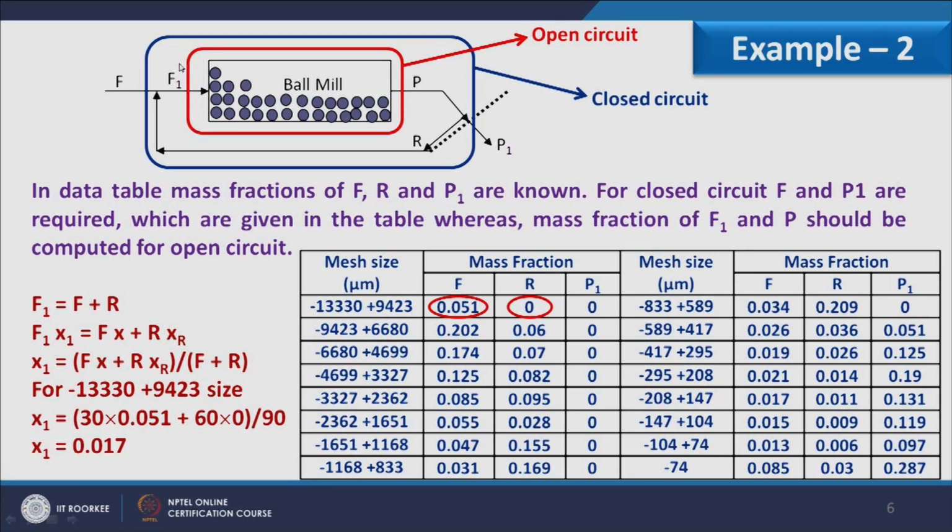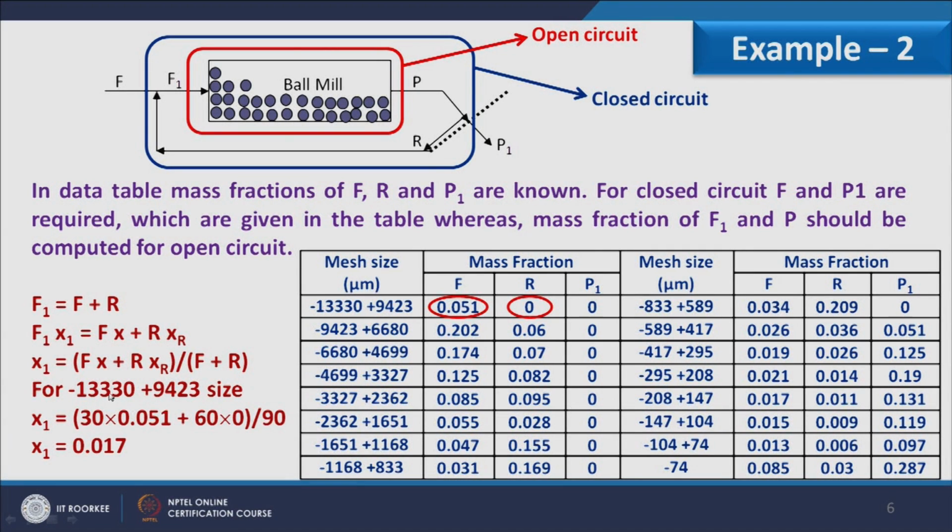From here, as we have to calculate the mass fraction for the F1 stream, we can calculate x1 from this expression. x1 would be (F xF plus R xR) divided by (F plus R), that is, divided by F1, which we have replaced with F and R because the values of F and R are given to us. So, let us consider the mass fraction for this particular interval, which is basically minus 13.33 mm plus 9.423 mm.